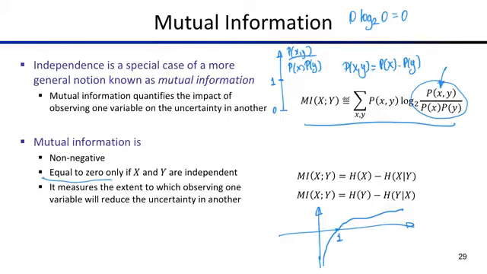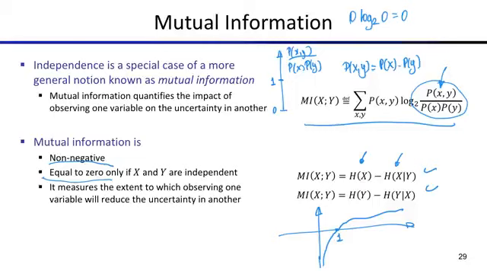Something that is a little bit more complicated to see is that the mutual information between two variables will never be a negative value. We can see from these two equations here that the mutual information of x and y is equal to the entropy of x minus the conditional entropy of x given y.